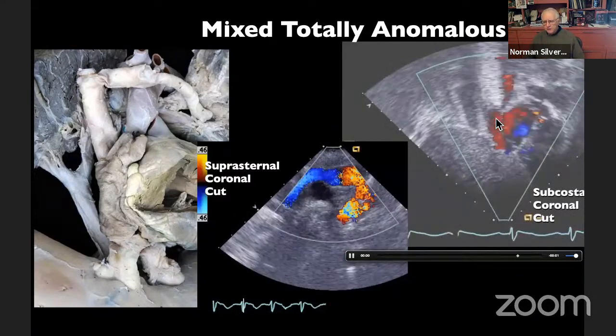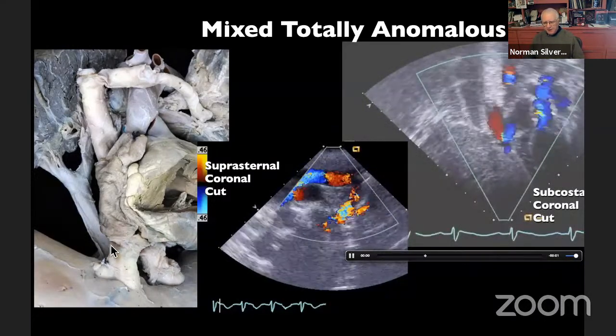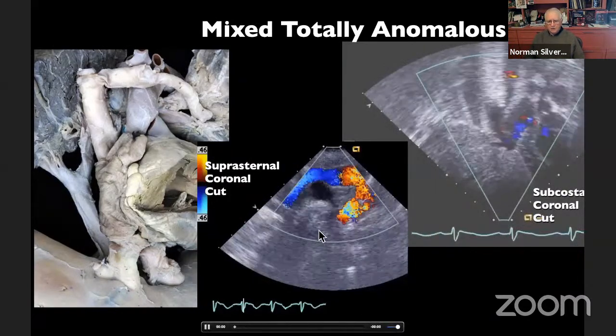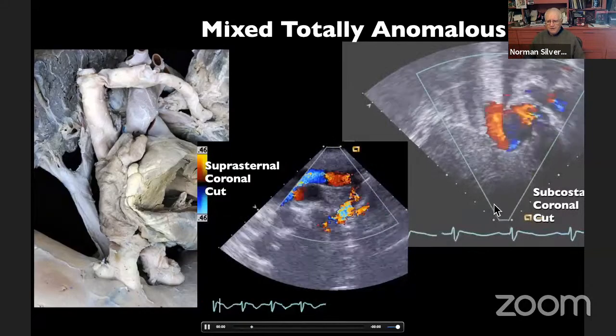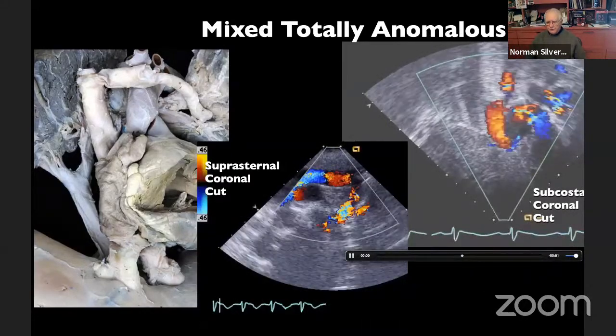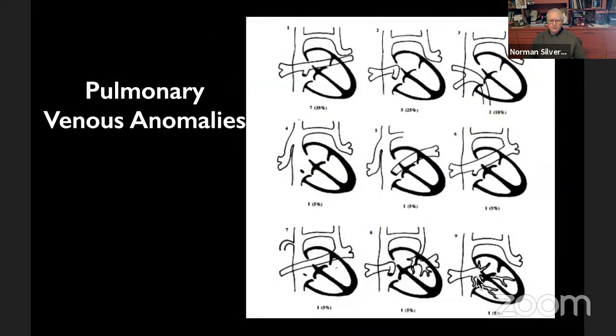So here we're focusing on this vertical vein coming down here, and here we see the ascending vein coming up here. So a beautiful example that explains the two features, and obviously you have to do two different cuts to find these veins. So here are the examples of mixed pulmonary veins that you can see.